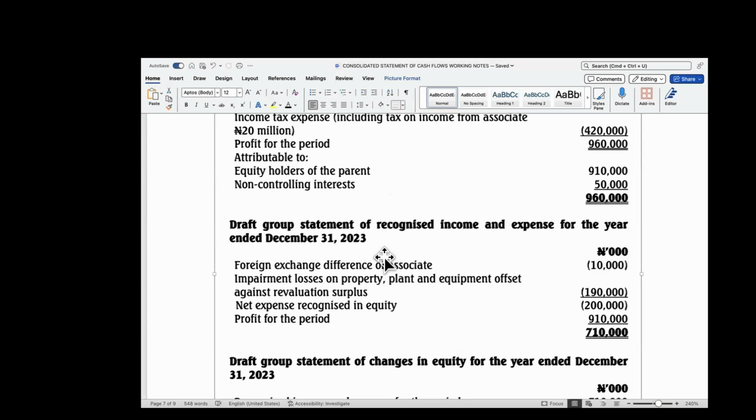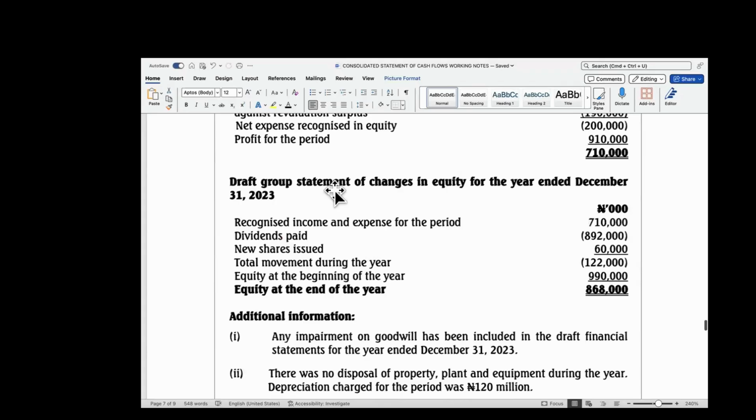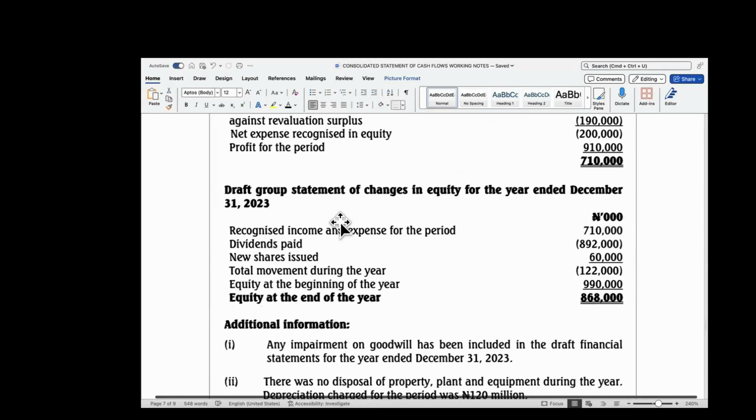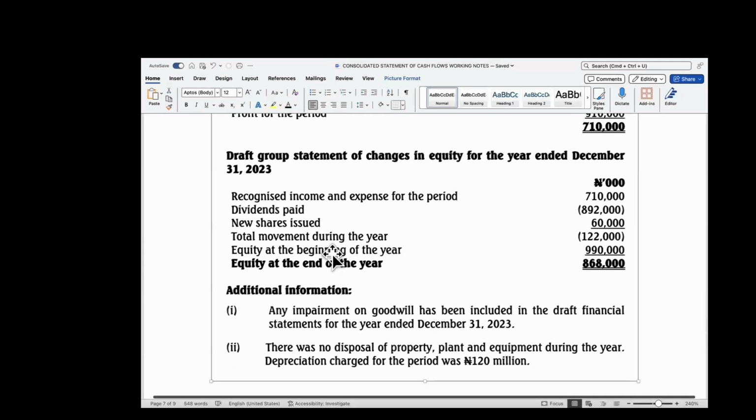I don't know, whoever did this was just trying very hard to ensure students fail. Why on earth would he call this a statement of recognized income and expense? What is that? This is OCI. And this is the statement of changes in equity, from recognized income, whatever name he called it. We had dividend paid, we had new shares issued, movement in equity, and all of that.